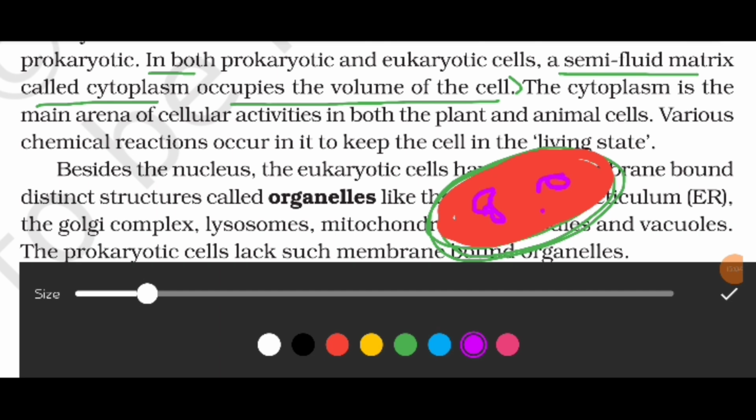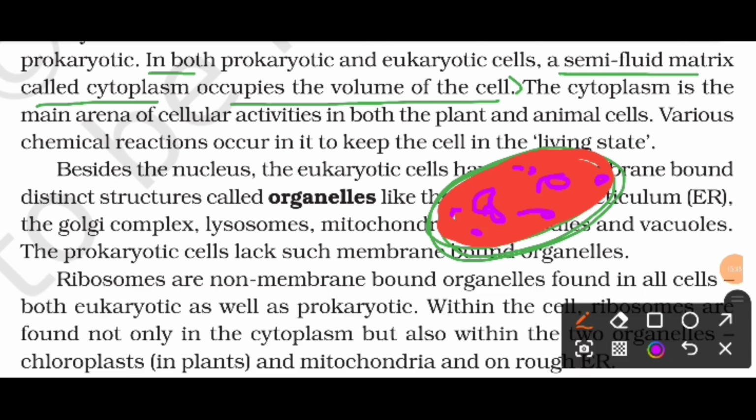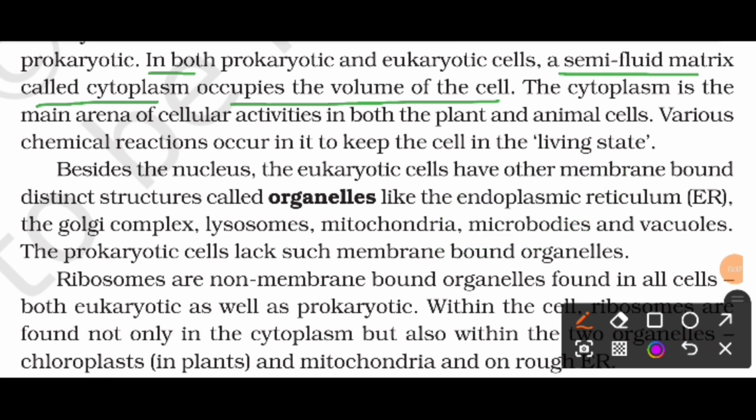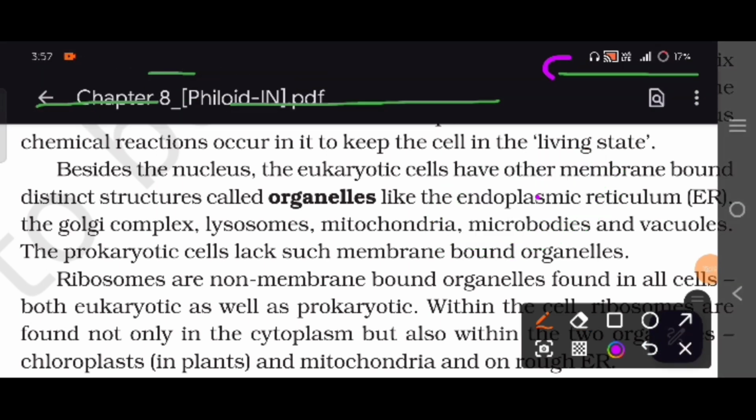Because of the presence of the organelles, the cytoplasm becomes a little less dense, and it is called a semi-fluid matrix only because of this reason.